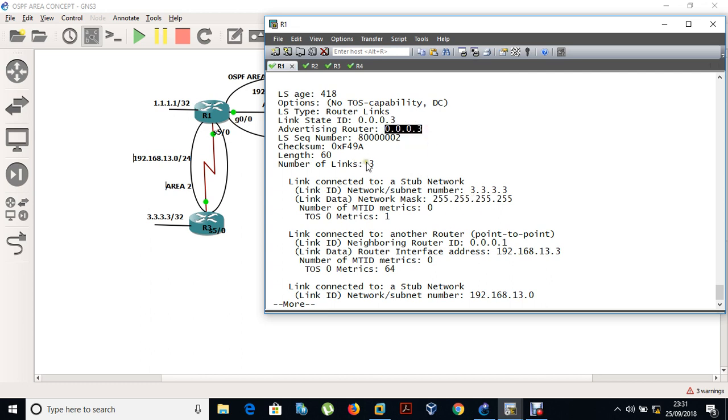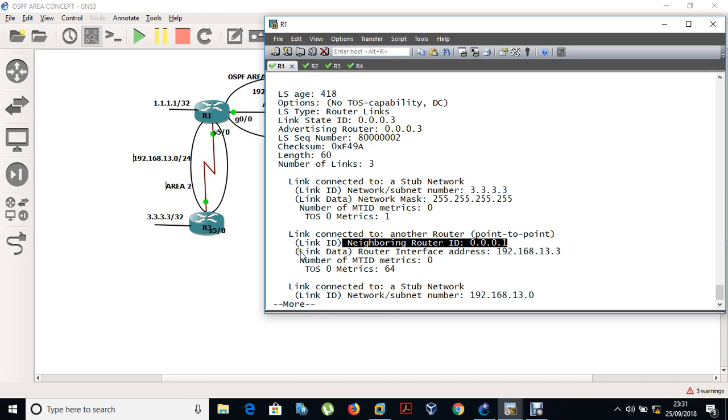R3 is advertising on his network as well. He is advertising three links right here. One link is 3.3.3.3, and one extra LSA type 1 is verifying his neighbor, so he says my neighboring router is router 1. Since it has a point-to-point network, you always have an additional LSA type 1.